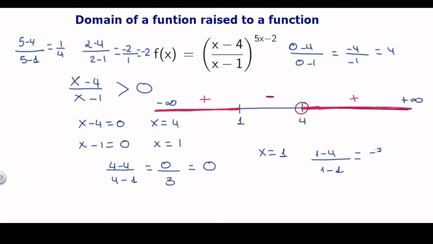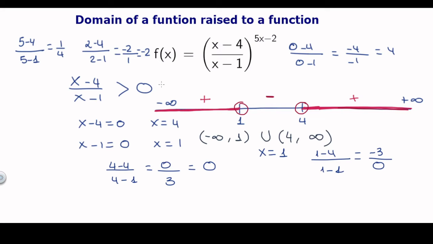This is minus 3 over 0. This means hollow point, because dividing by 0 is not allowed in mathematics. So the domain for the base function is negative infinity to 1, open interval, union, 4 to positive infinity, open as well.